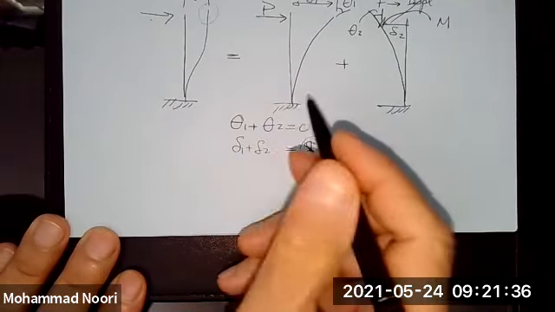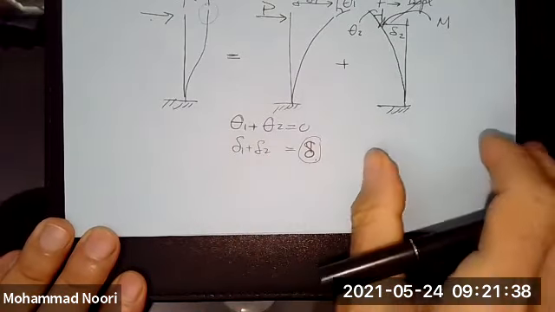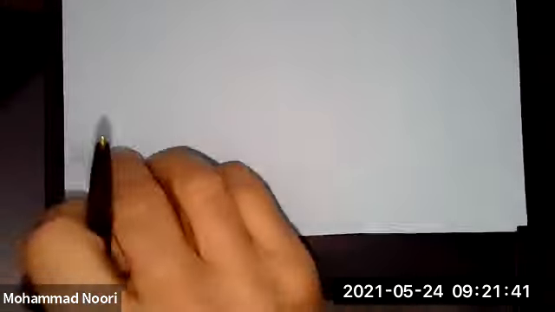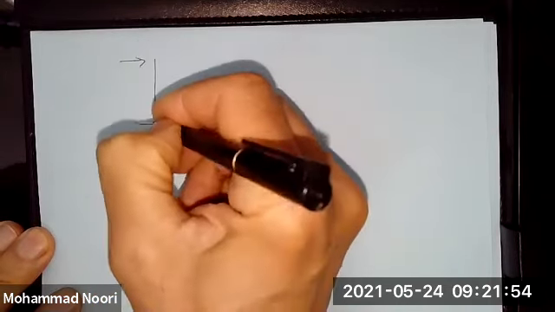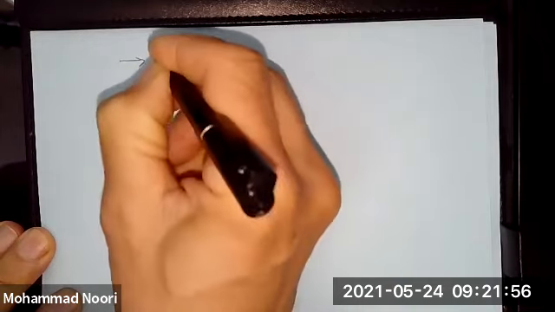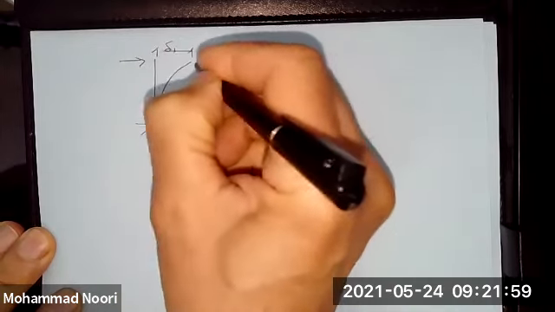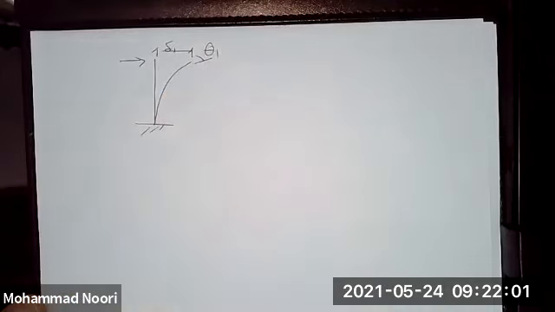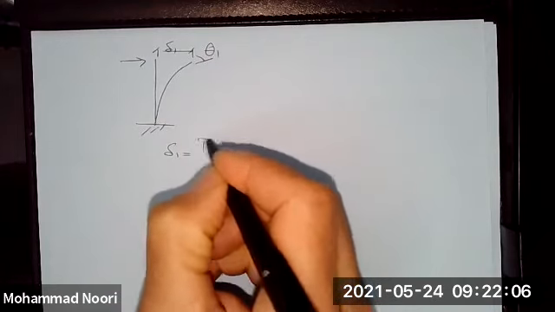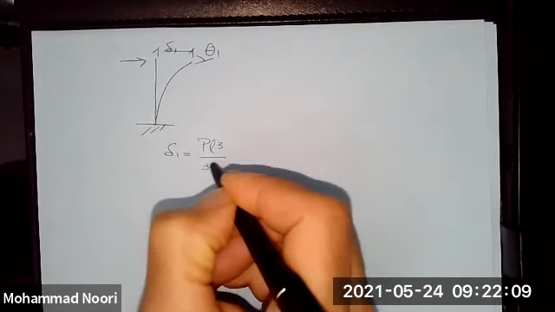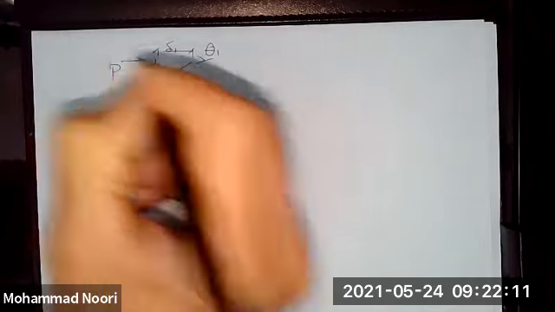So if you recall from the strength of material, and let me go maybe to another page, makes it easier. From the strength of material, you remember that if you had a load P causing a displacement delta 1 and rotation theta 1, delta 1 is PL cubed over 3EI, okay?